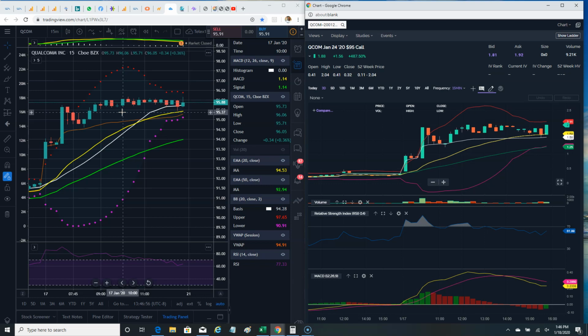So let me ask you something. Do you think that what I just showed you on Qualcomm is random? Do you want to know how often this type of move takes place on expiration Friday? So in the comment section, I want you to leave your stock of interest. I'm going to do the research for your specific stock and share it: how many times actually in a year, going as far back as I can to give you the answer.